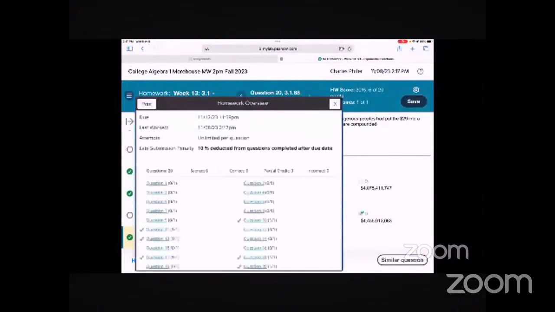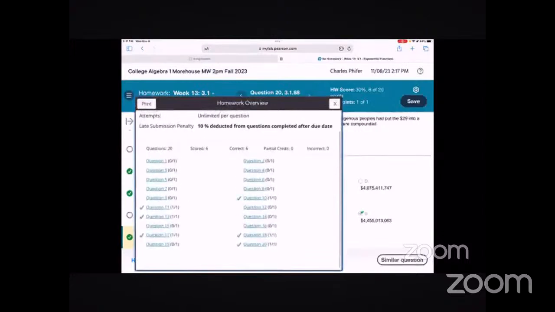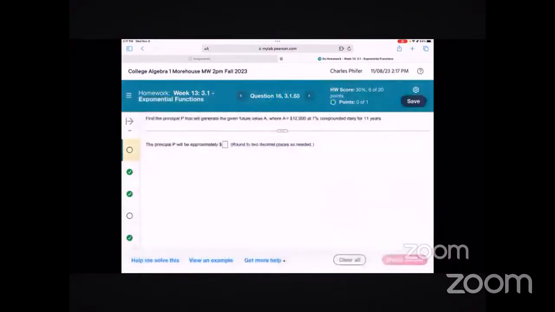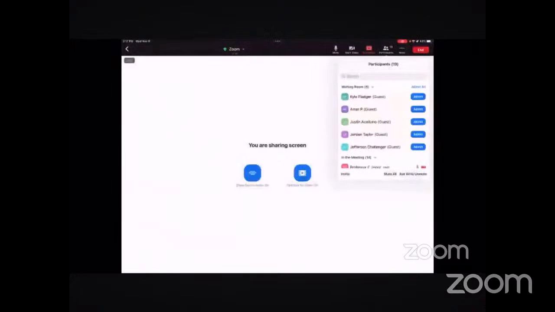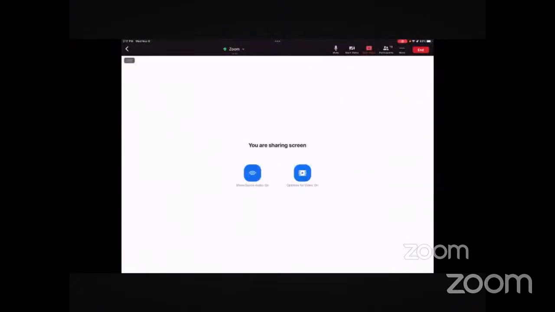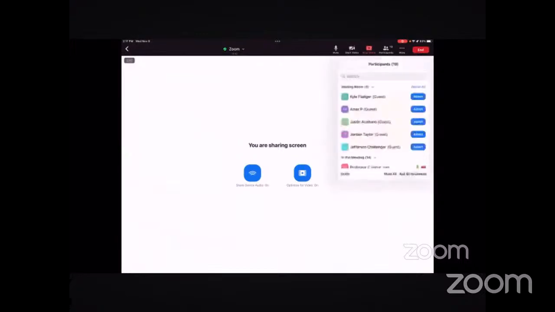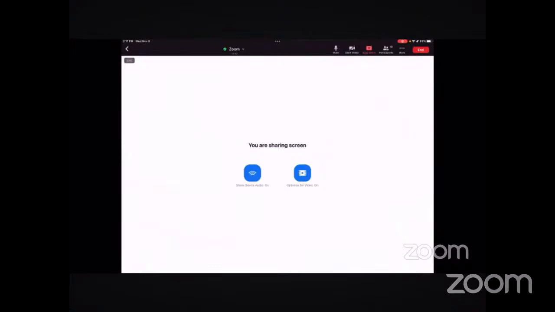Hey, Google, give me a random number between 1 and 20. Here's a random number, 16. Okay, we'll do 16. Let me check on you guys in the Zoom. Letter B. Let's see. Got a total of this.